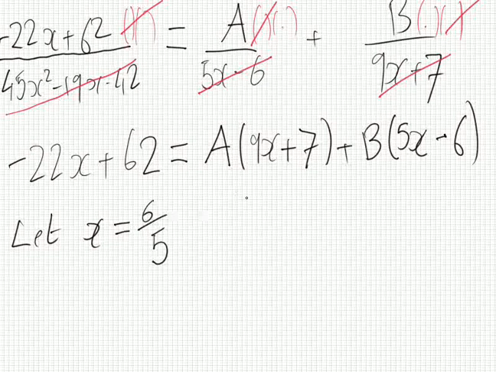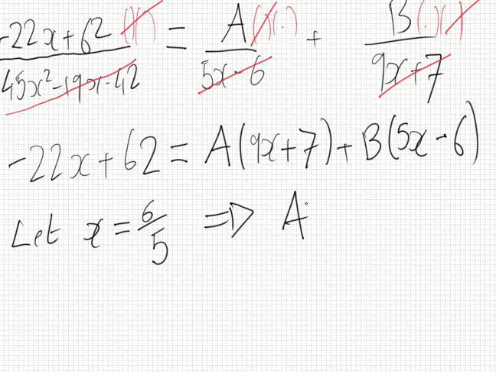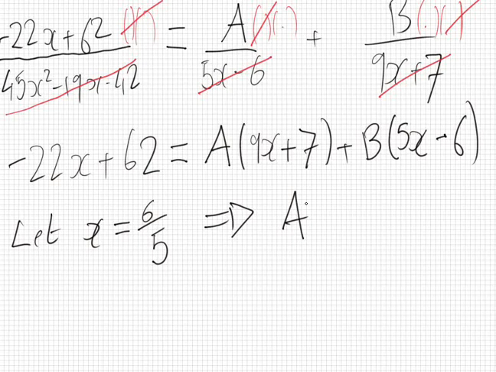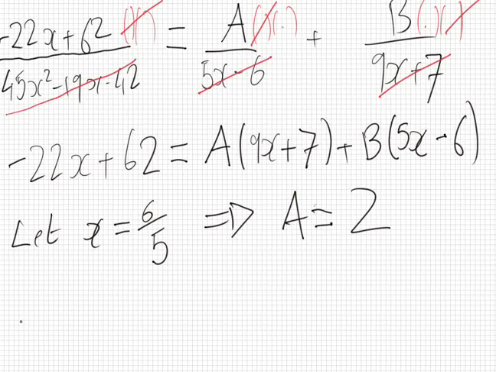And I substitute that in, and I get, therefore, A equals, so I need a calculator here, minus 22 times 6 over 5 plus 62, divided by 9 times 6 over 5. So after doing all of that, I'll end up getting A equals 2.